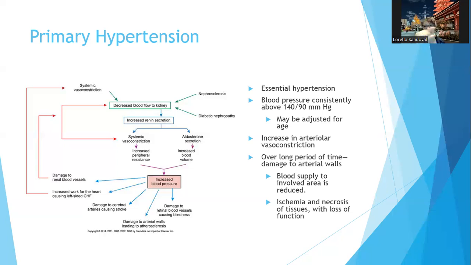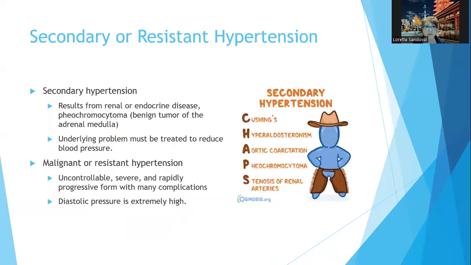So it's sort of this cycle that can end up causing damage to arteries, damage to kidneys, and ischemia and necrosis of tissues, which can cause a lot of other problems.